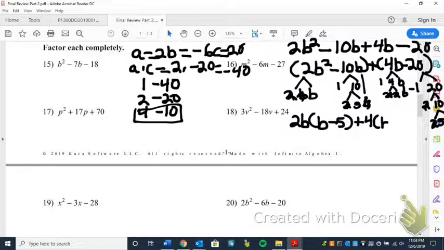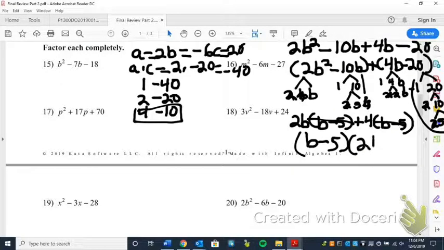What are we left with? We're left with b minus 5. We then factor out the common binomial, that's b minus 5, and put the rest of it inside the parentheses, and we get 2b plus 4. That's a plus 4 right there. Okay?